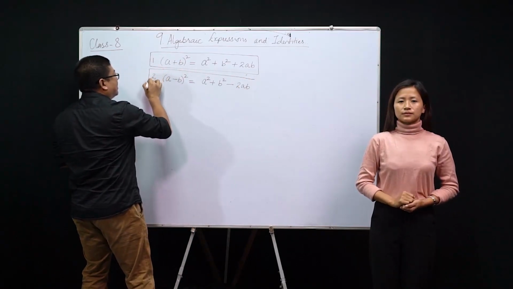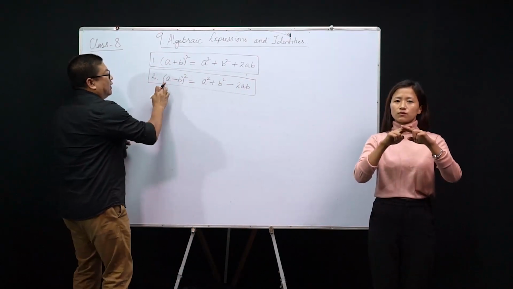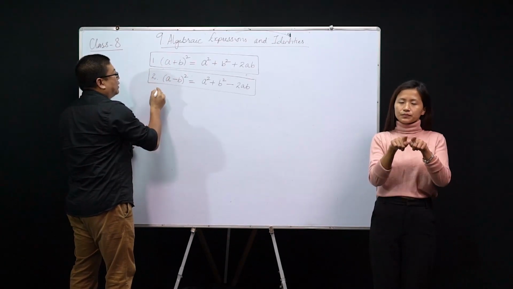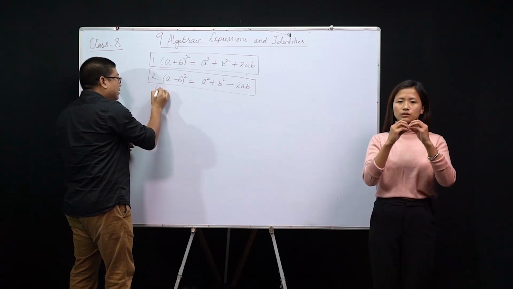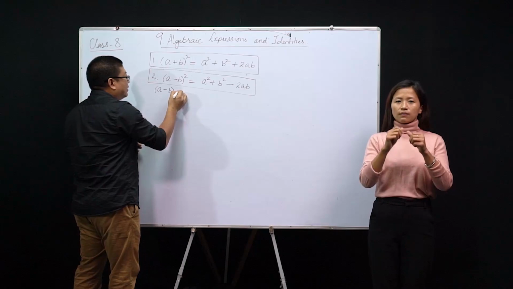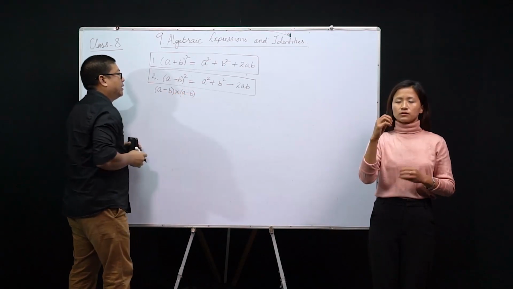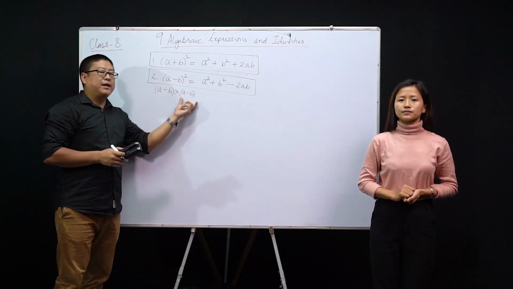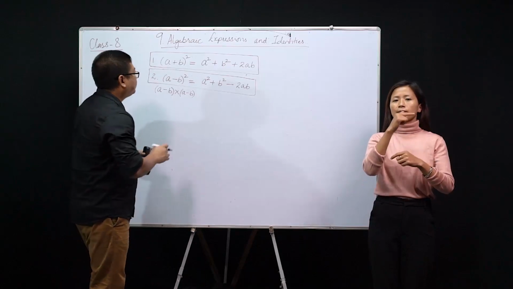Now this is the second identity or formula. Similar to the first one, (a - b) the whole square means (a - b) into (a - b). So when you multiply these two, you get (a - b) the whole square.